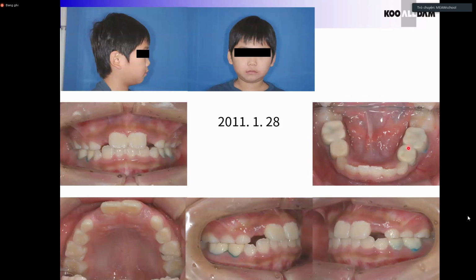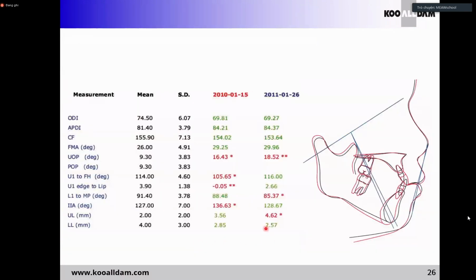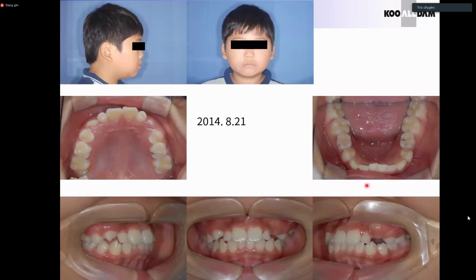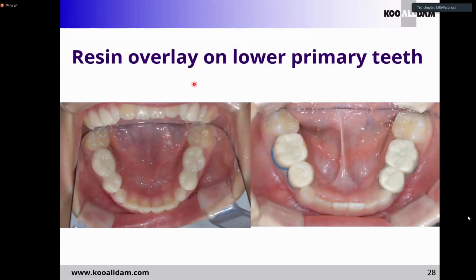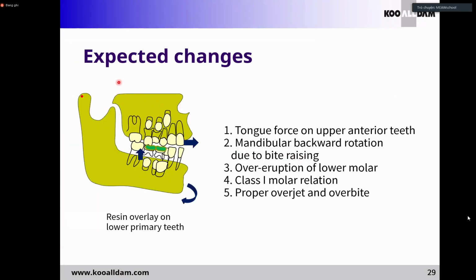After inserting the resin overlay in the lower arch, we should check the eruption of the remaining teeth. Okay, I did. So we can see the backward movement of the lower jaw, like this. So resin overlay on the lower primary teeth, molar area, like this. These are the expected changes.